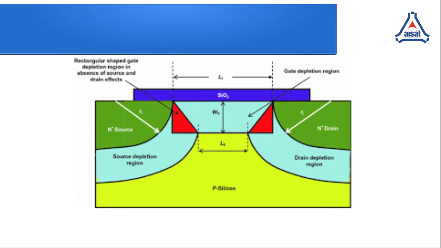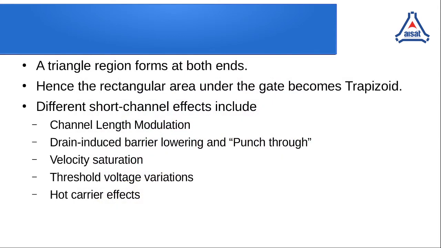Now it is not rectangular in shape. And this variation will affect the current flow in the device. The triangular region forming at the two ends, that is at the source and drain ends, changes the channel shape from the rectangular shape to a trapezoid shape.